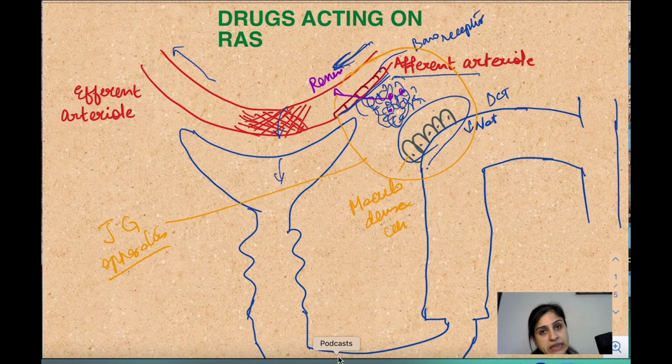So when blood flow to the kidney is going to be less, these cells are going to sense it. These baroreceptor cells will sense the decreased renal blood flow, and they will send a signal to these JG cells to release renin.